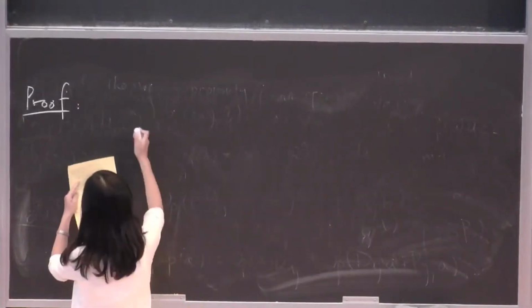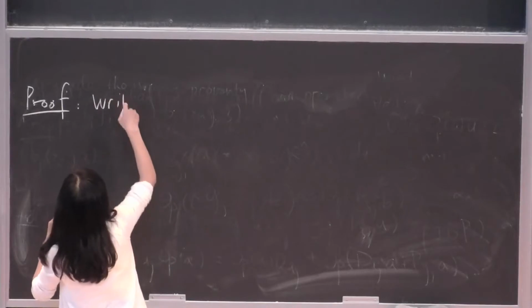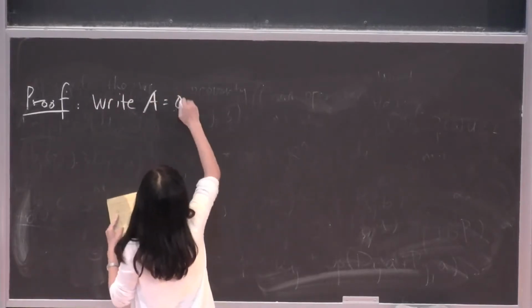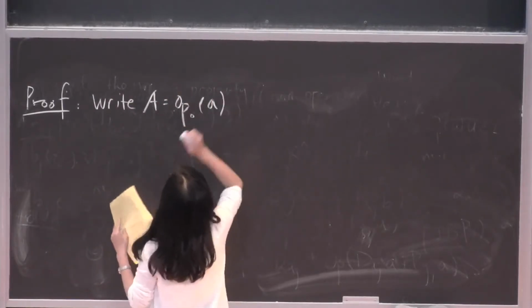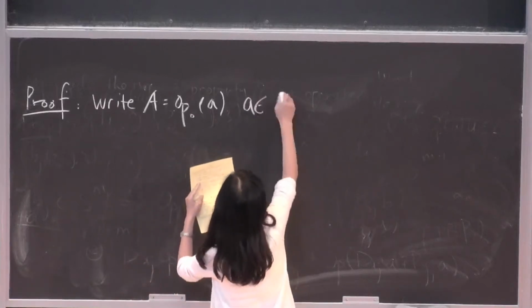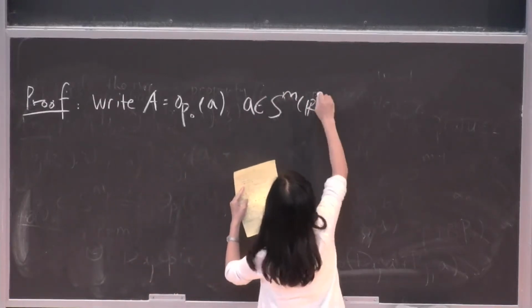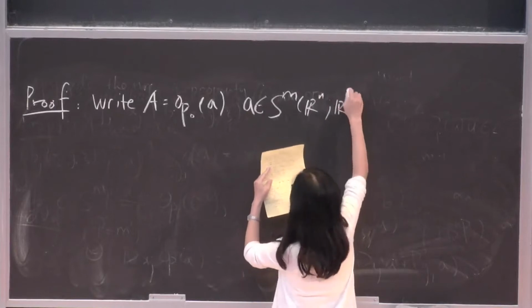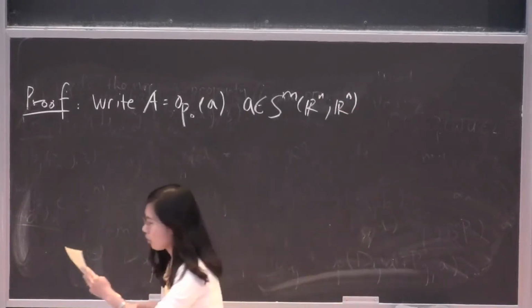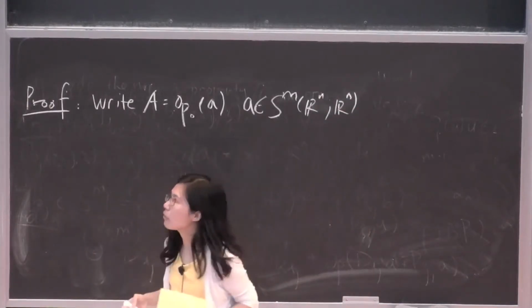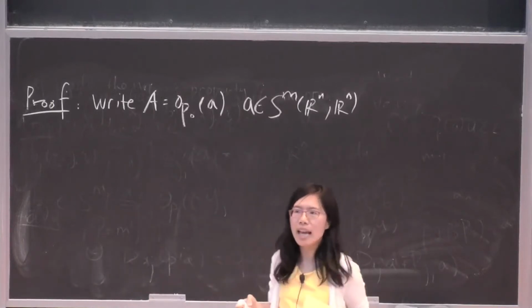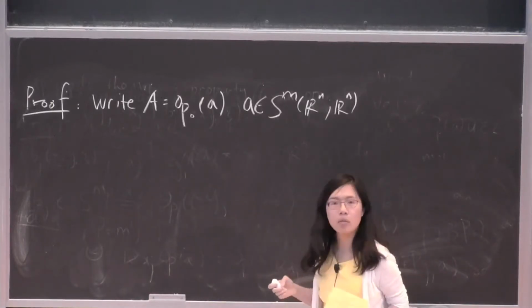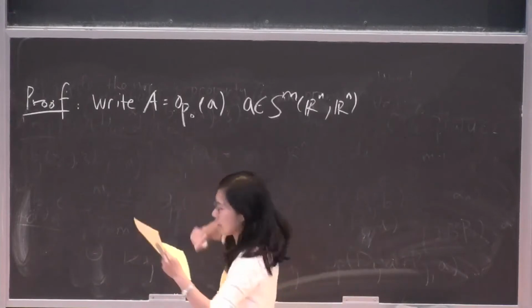First of all, I'm going to write A as Op_0 of a, for some a in S^m(R^n), in the sense that, by our previous theorem, for any pseudo-differential operator, I can write it using a symbol that's independent of y. This is the first time I'm using this.